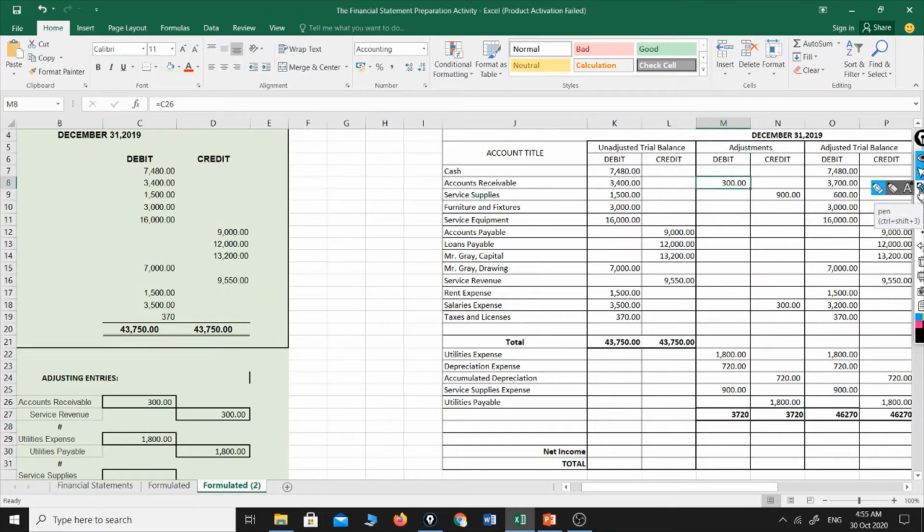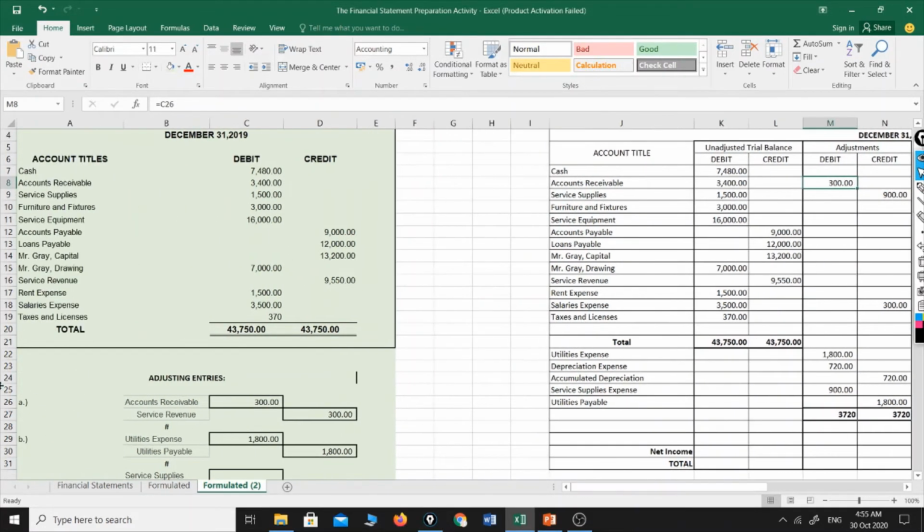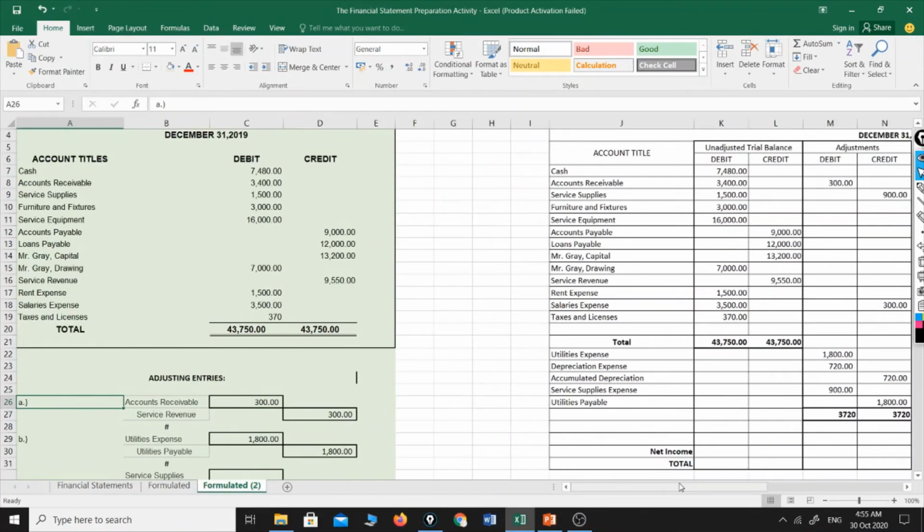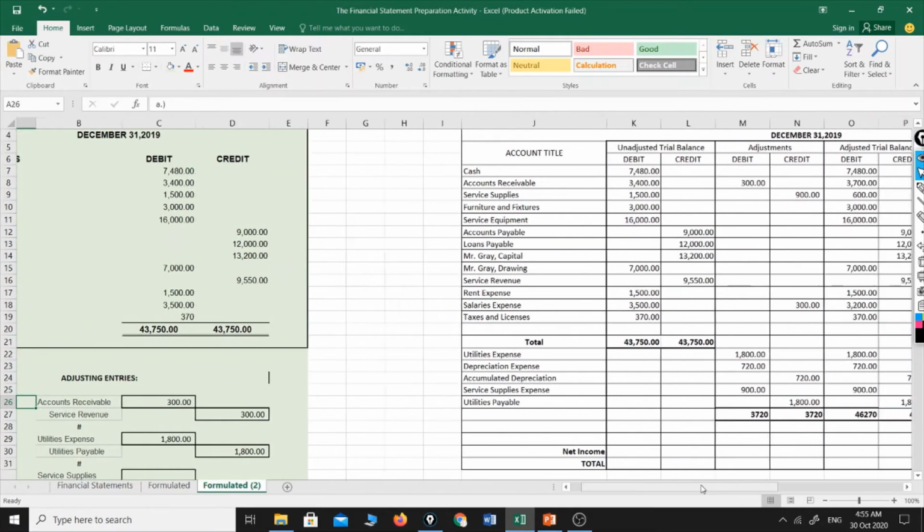Okay? So just a quick guide, we have what we call letter marking, which means whichever adjusting entry it is. For example, this one, accounts receivable and service revenue, this is letter A. So in order for us to easily locate it, much better if we put a letter. Okay, that's what we call letter marking.